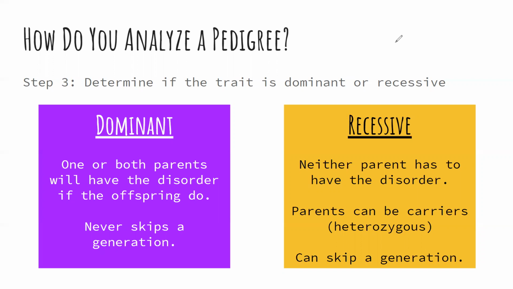And since recessive alleles only show up if both are passed on, it can skip generations because recessive doesn't always show up. So if the trait is dominant, it will always show up and never skip a generation. But if it's recessive, it can skip generations because it might not always show up.